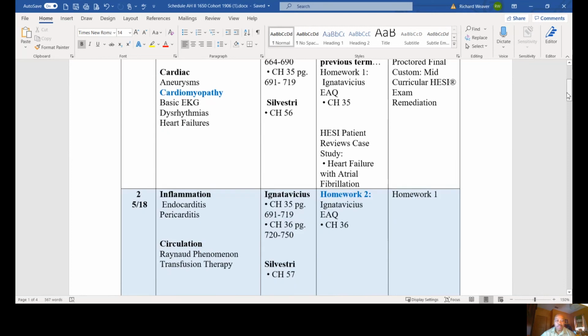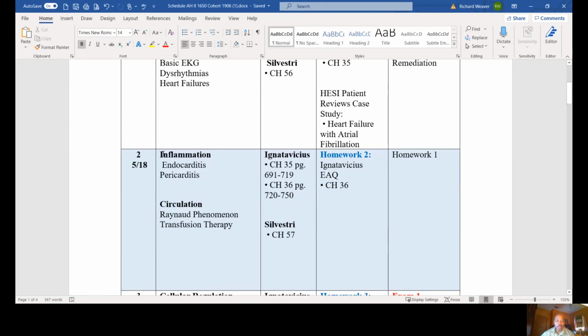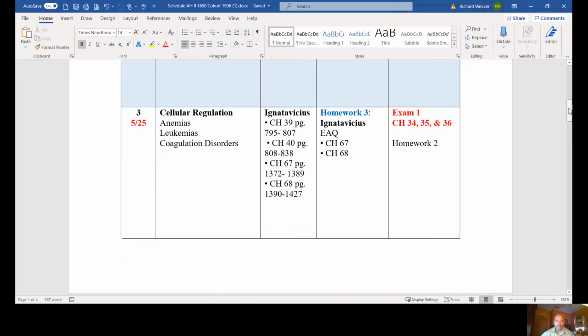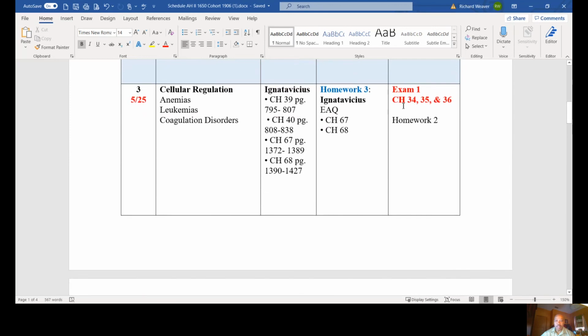So if you just keep scrolling down on this embedded schedule, you'll see your weeks as well as the first day of the week listed here. You see your homework here as well. As you can see, you won't have your first exam until the third week, or the week of the 25th. That will cover chapters 34, 35, and 36.